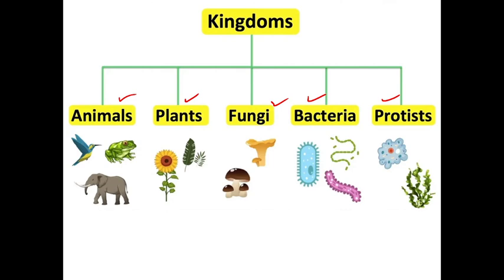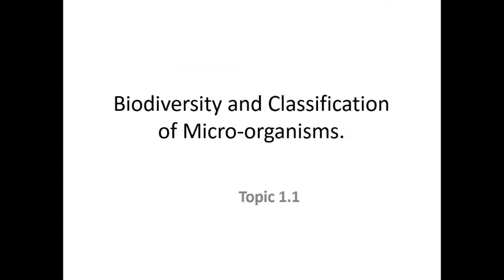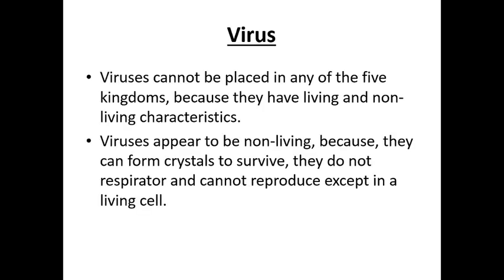It is not under animals. It can be plants, it can be fungi, right? It is almost unicellular. But it can be bacteria, it can be a protist. What is that? It is a virus, but let's get into it.